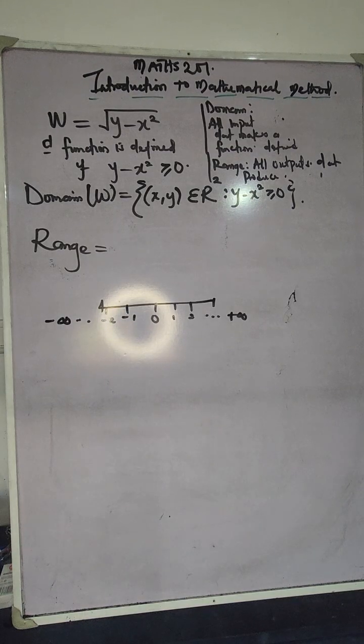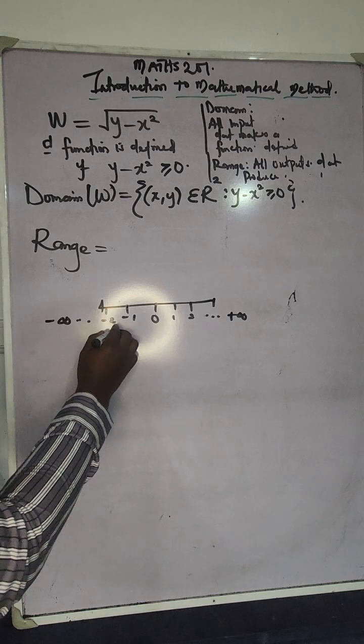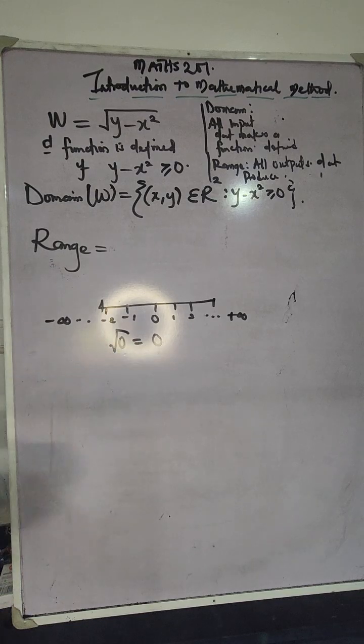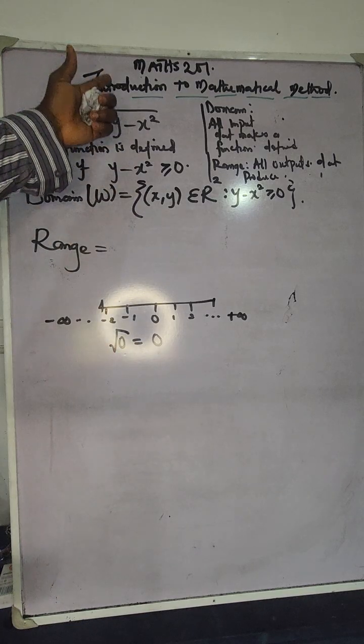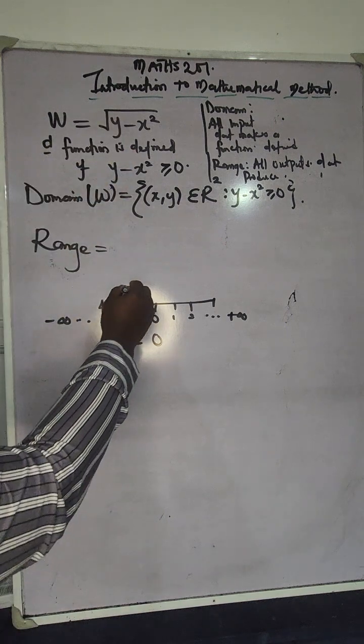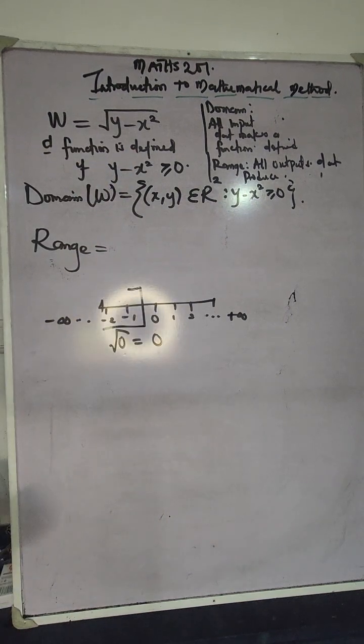Correct? So to find the range, when you find the square root of 0, what do you have? 0. That's an output. I told you that square root doesn't like a negative integer. You begin to have a problem when you start from 0 and go backwards. So we are looking at the positive numbers. So the square root of 0 is 0.